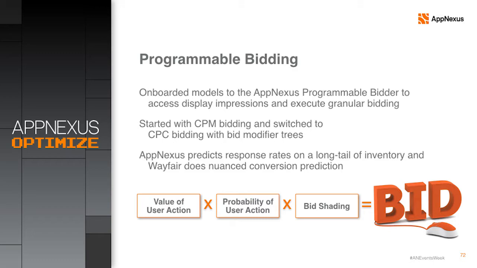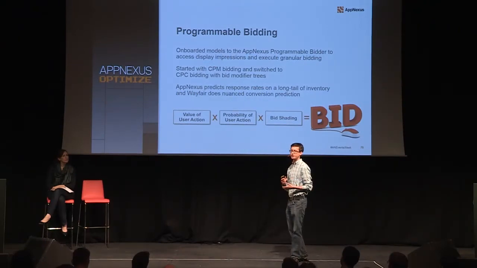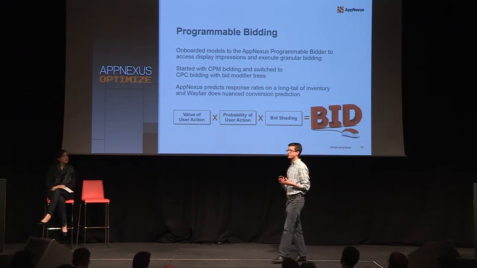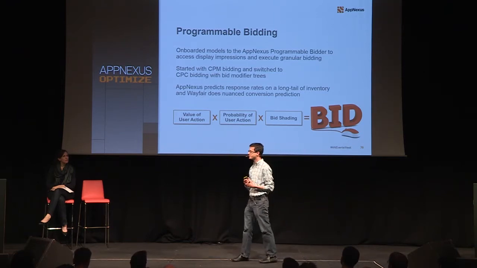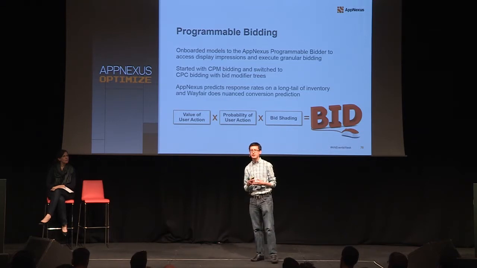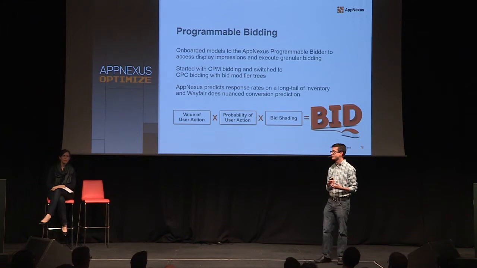The hard part for us was to figure out the right way to implement those models to achieve our goals. So we started with CPM bidding. So just for every node in the tree, that was a combination of inventory characteristics and user characteristics, we bid on a CPM. And that worked okay, but what we found was we really want to take into account more nuance about the sites that we were on.